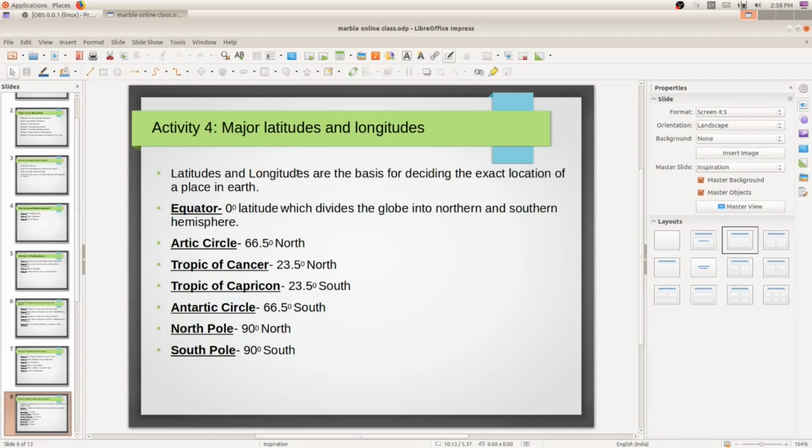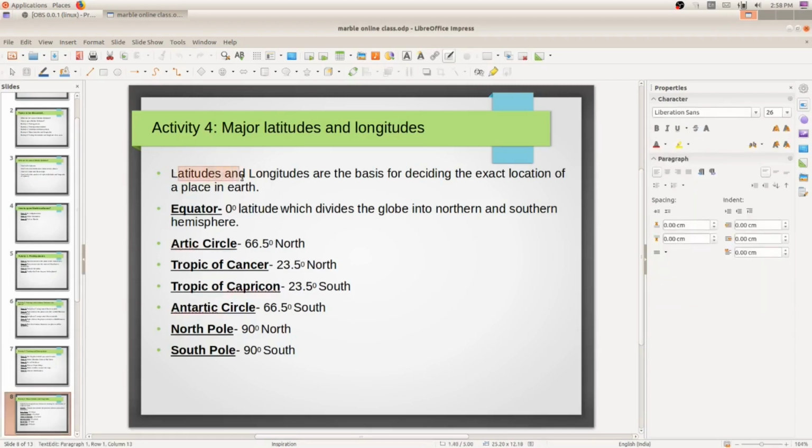So how are you getting this route map and the exact destination location? Yes, it is calculated through these 2 concepts, latitude and longitude. Through this they are calculating the exact location and the route map.